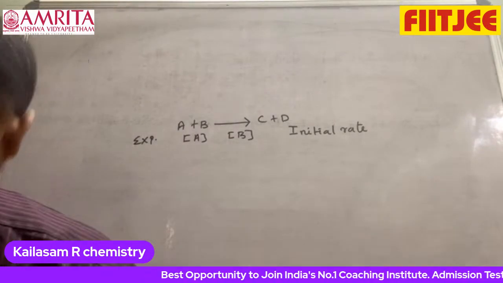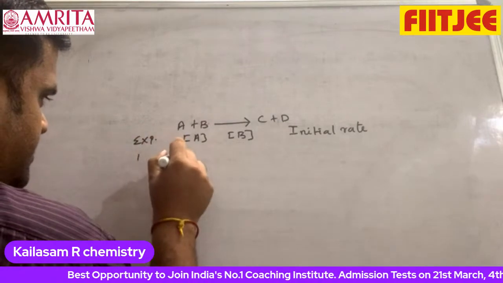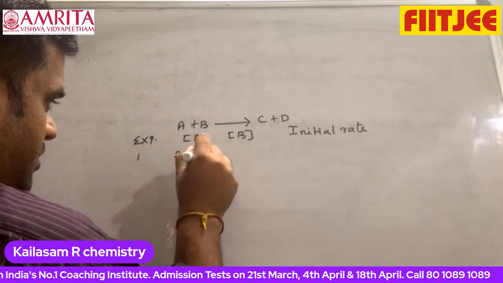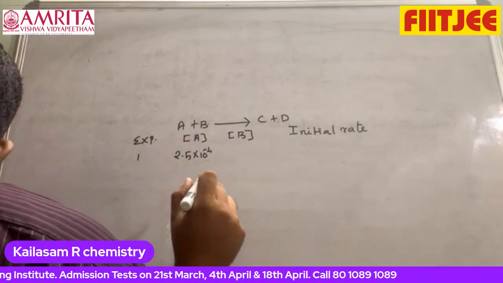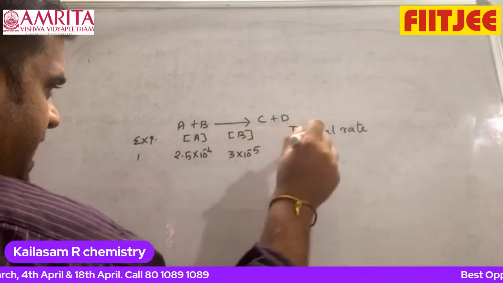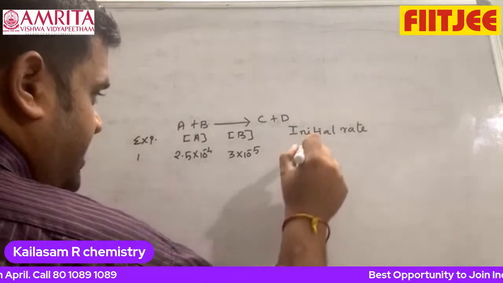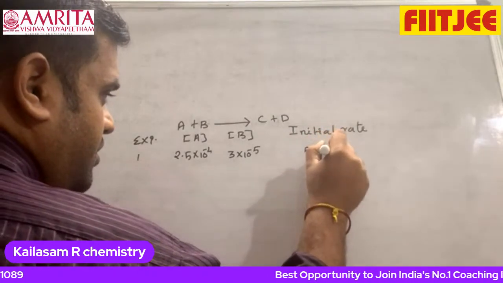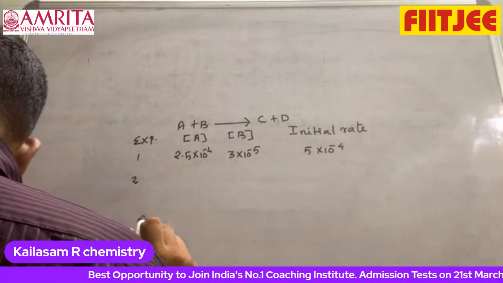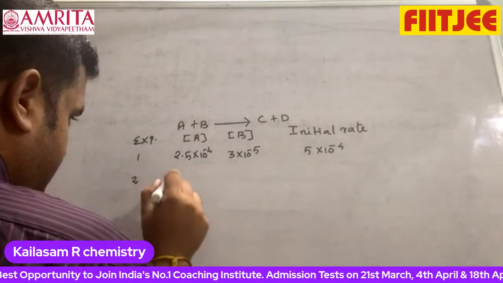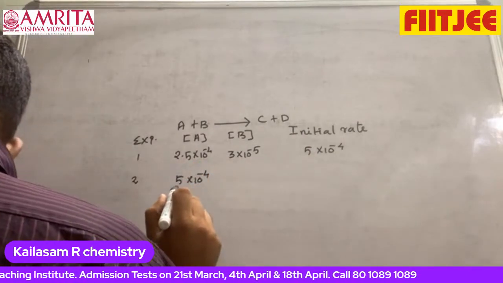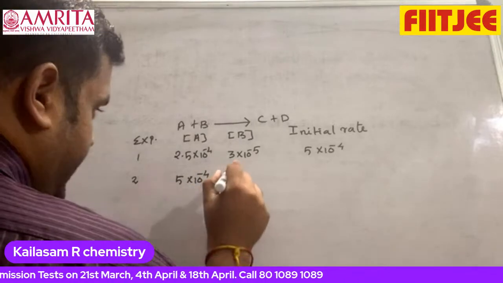Look at that. I can write it as 1. This is 2.5 into 10 power minus 4 for A, this will be 3 into 10 power minus 5 for B, and the initial rate will be 5 into 10 power minus 4. Now experiment 2: this will be 5 into 10 power minus 4, and this will be 6 into 10 power minus 5.